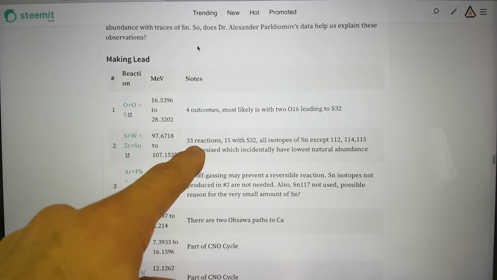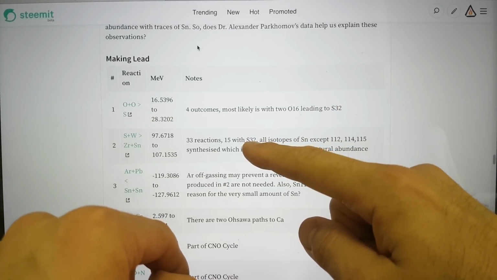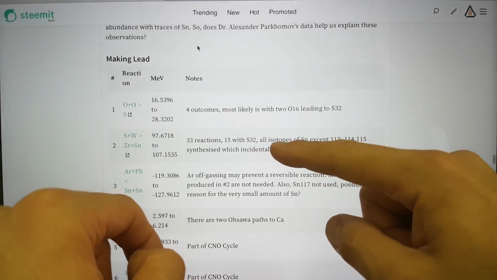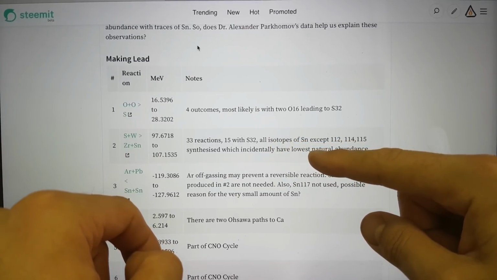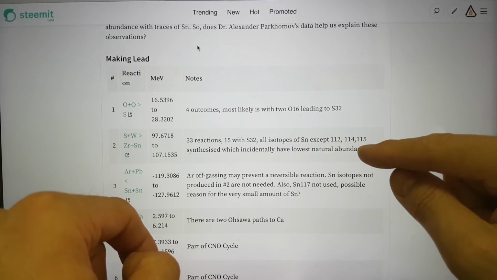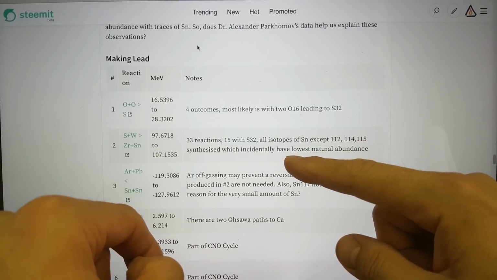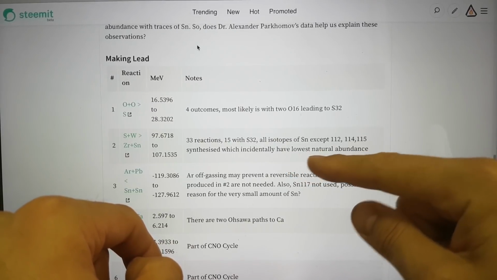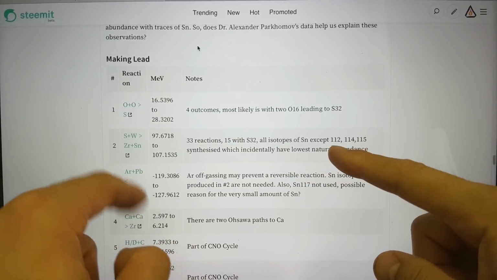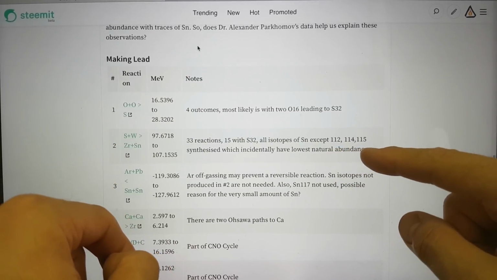Okay, 33 reactions, 15 with sulfur 32, which is the most common product of the oxygen-oxygen reaction. And all of the isotopes except 112, 114, and 115 of tin synthesized, which incidentally have the lowest natural abundance. So these ones that are not synthesized by this process have the lowest natural abundance.